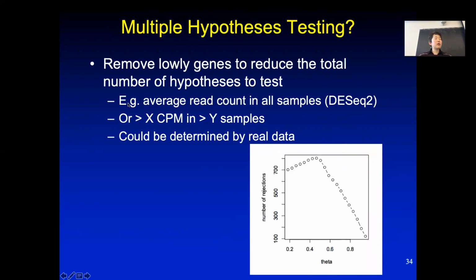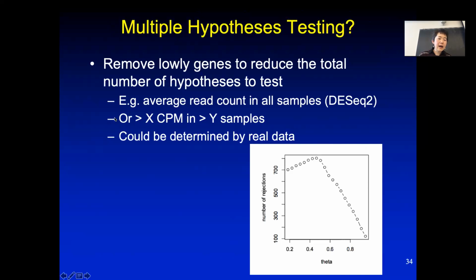And so if you can reduce your total number of tests, then at your FDR you can actually identify more correct genes, because you remove those hopeless ones from contaminating your results. For example, DESeq can do something like, if the average read count of this gene in all the samples is below a certain cutoff, then forget about that gene. It's hopeless. We are not even bothered.